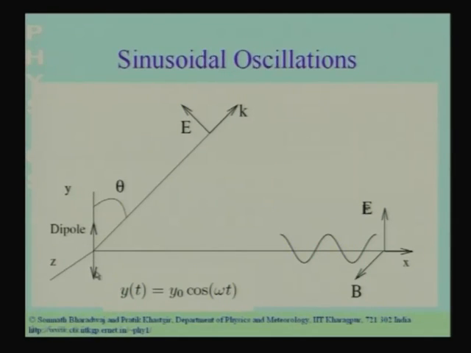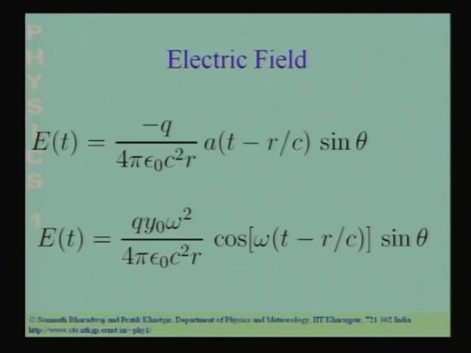Now, we want to calculate the electric field pattern at different points. The electric field at any arbitrary position a distance r away from the dipole can be calculated using this expression.